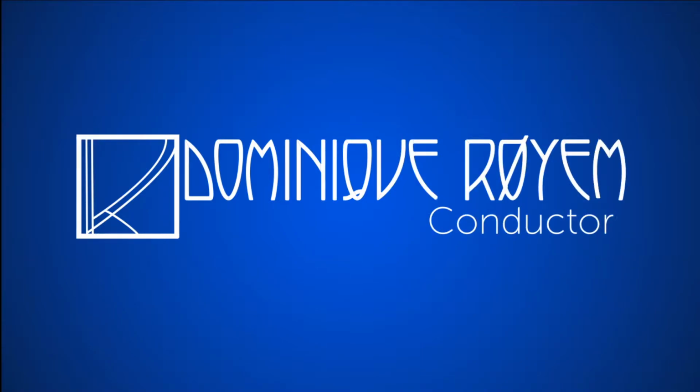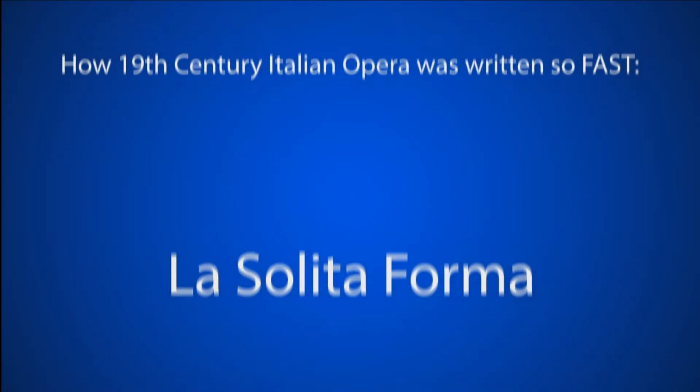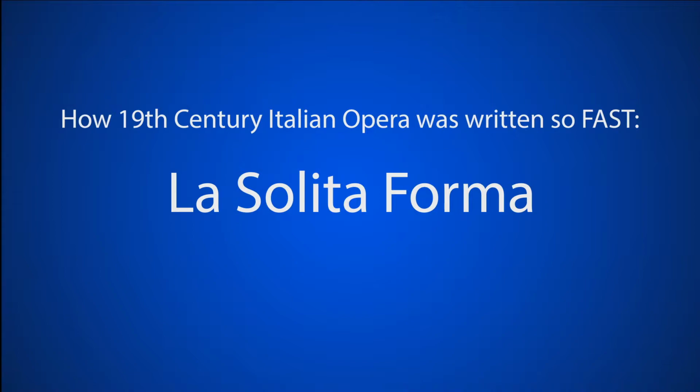Let's talk about how Solita Forma works. 19th century Italian opera is split into 2 kinds of sections, kinetic sections and static sections. In kinetic sections, the audience and the characters on stage are learning new information from each other or from a third party.